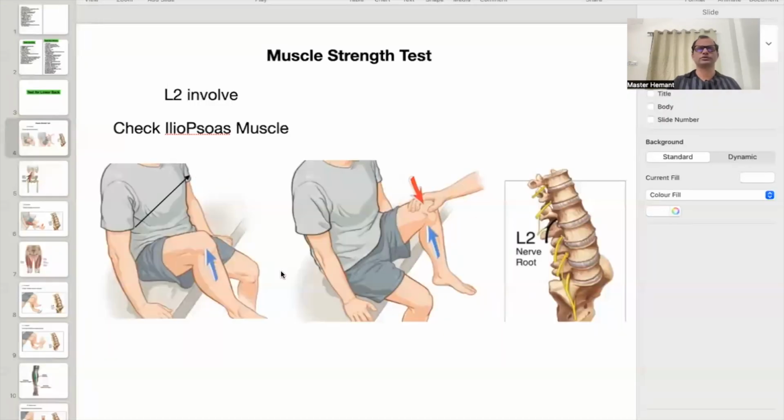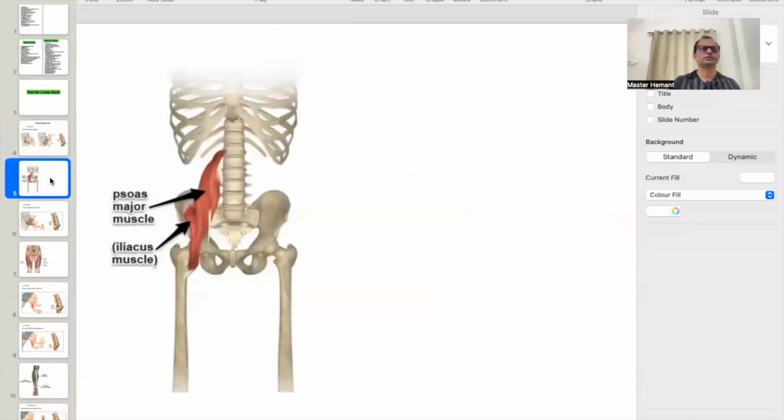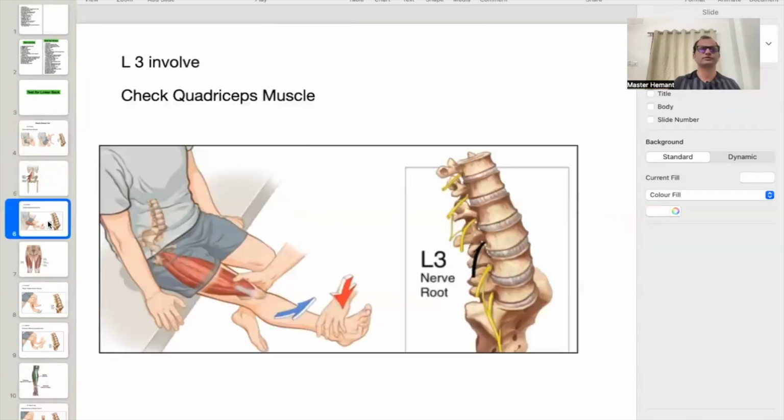Lumbar 2 means iliopsoas muscle. This test we have to do, right? Flexing the hip, and therapist is doing downward movement, patient is doing upward movement. This is the iliopsoas muscle. Then lumbar 3 vertebra means quadriceps muscle.